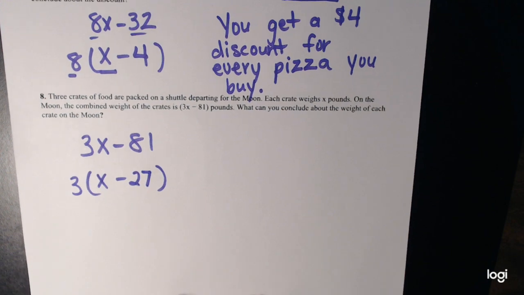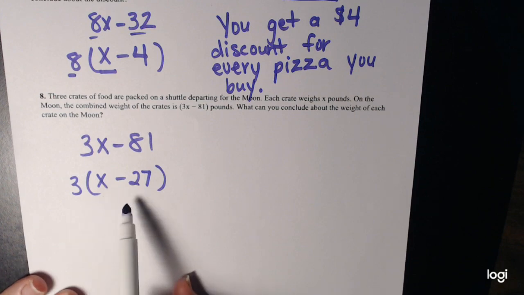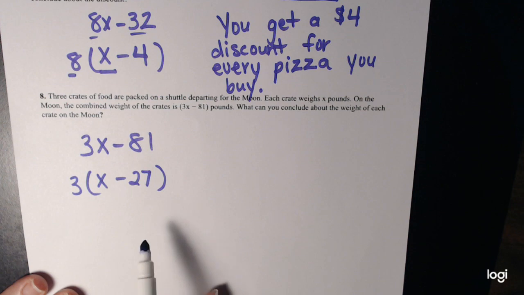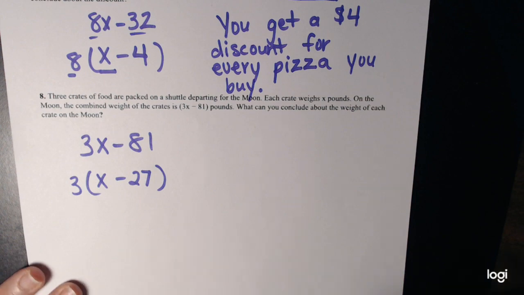All right, now it says, what can we conclude about the weight of each crate? Well, if you notice, each crate weighs X pounds, so X, we have a minus 27. So because we're talking weight, we're going to say that each crate weighs 27 pounds less on the moon than it does on Earth.